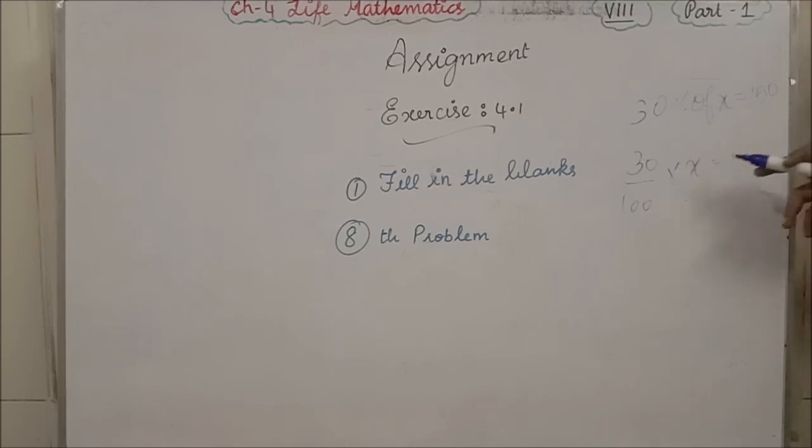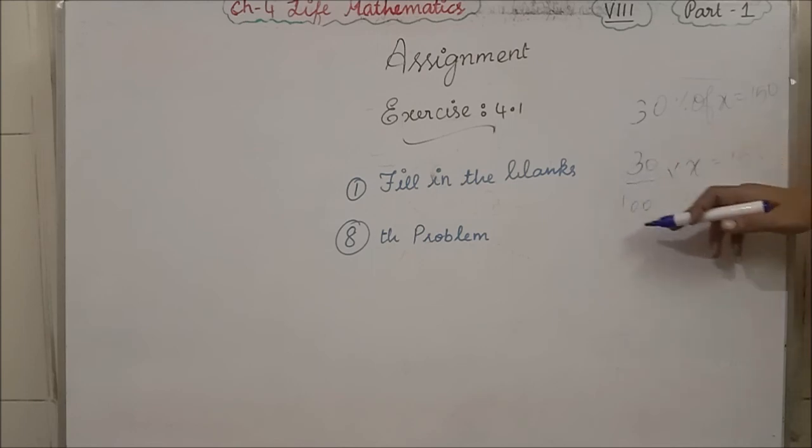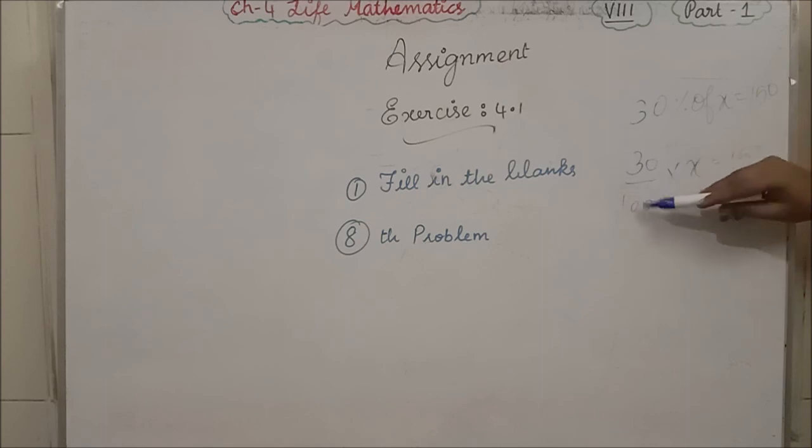Then if you need this x value, you have to take this 30 by 100 to that side. So that time it will become reciprocal and you have to find the x value. According to that you have to work out.